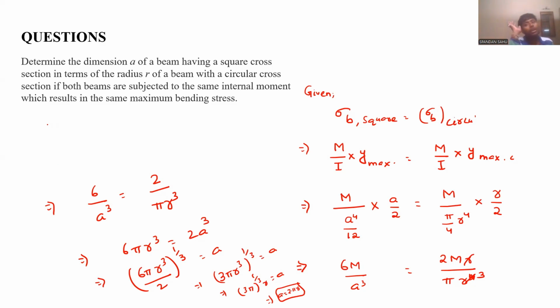That means to get same internal moment which will result in same bending stress, you have to design the square cross section to be equal to 2.11 times r. Then both the circular cross-sectional beam and square cross-sectional beam will take the same bending stress, which will be highest. Correct?